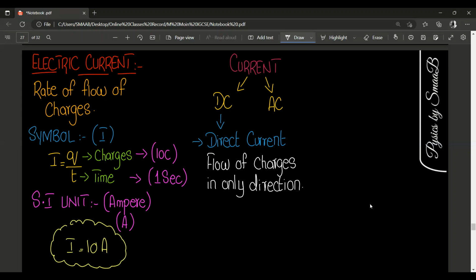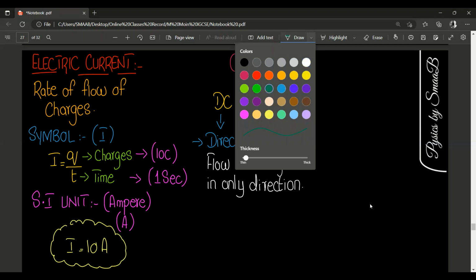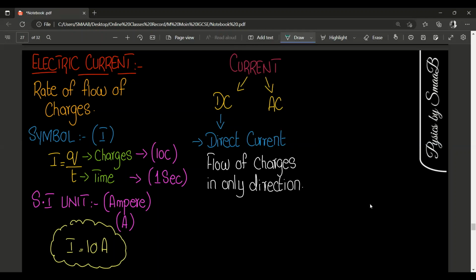So the flow of electrons or the flow of charges is only in one direction. That current is known as direct current, right? If we write the sources for this, the source will be a battery.